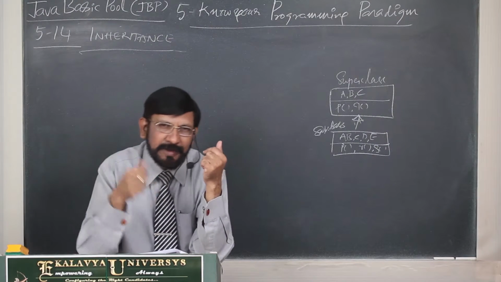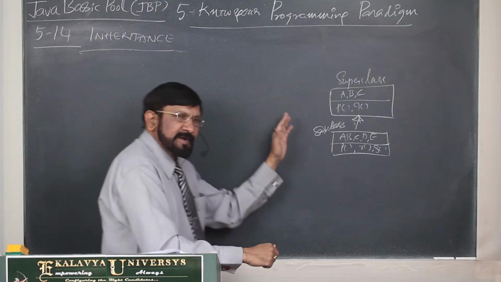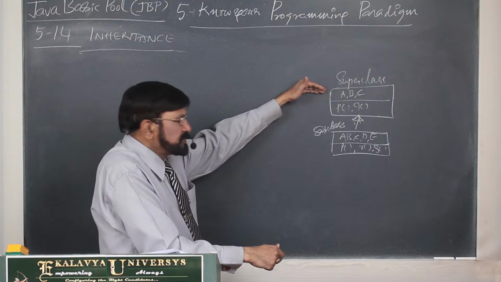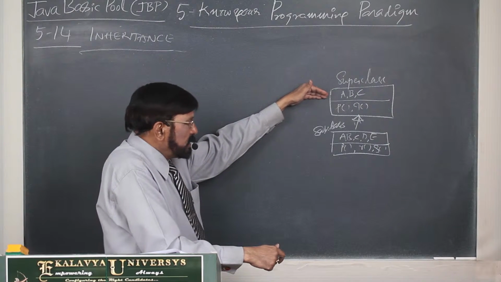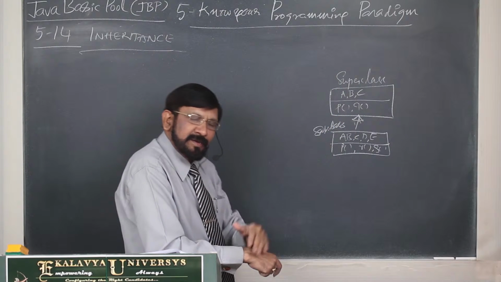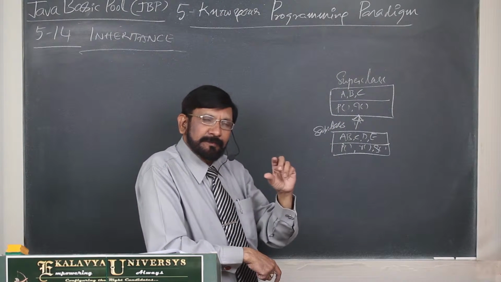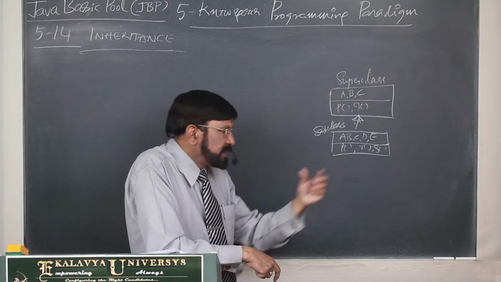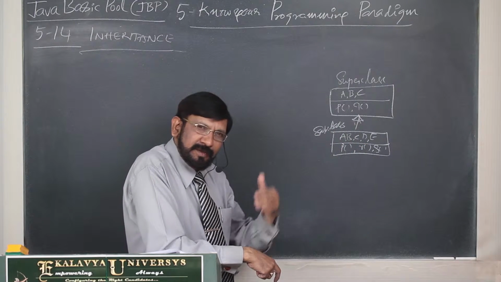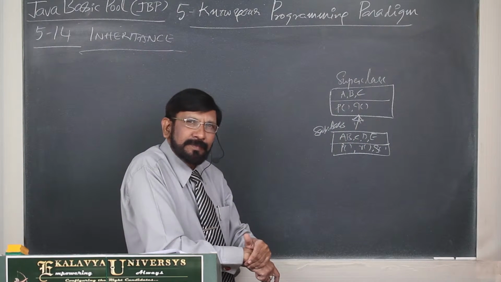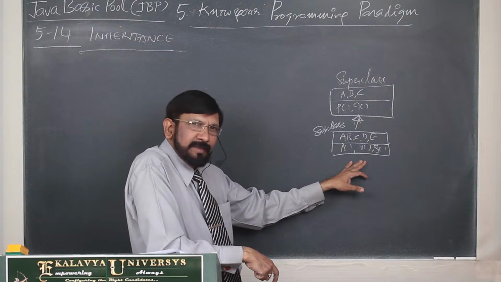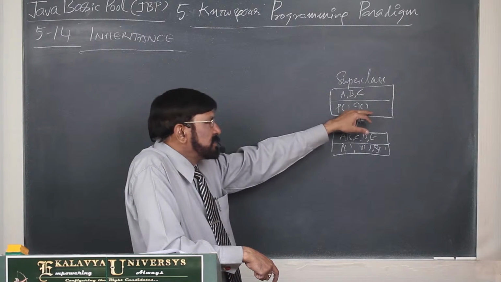Understand? That's why in inheritance, by using existing resources, existing classes, we can create new classes with limited resources, which means limited time. We can develop very fast, and the scope of bugs is small.